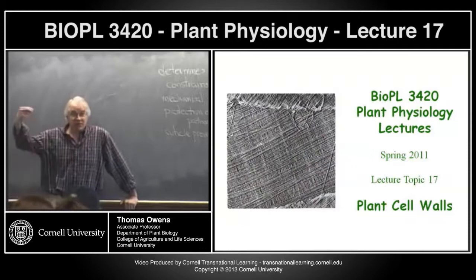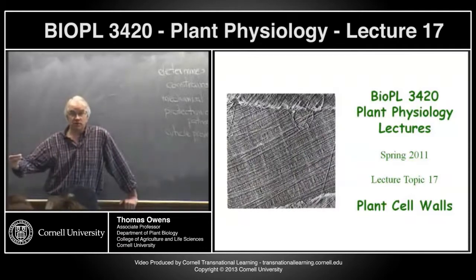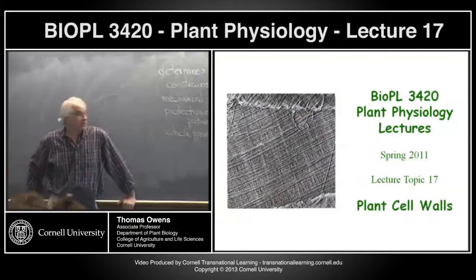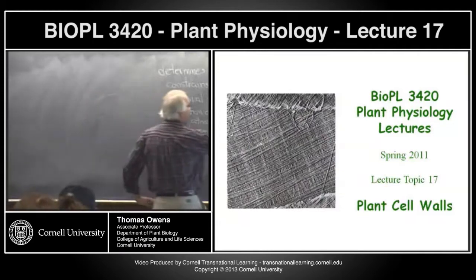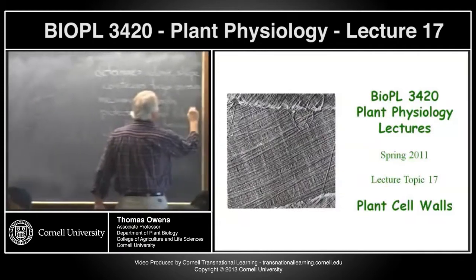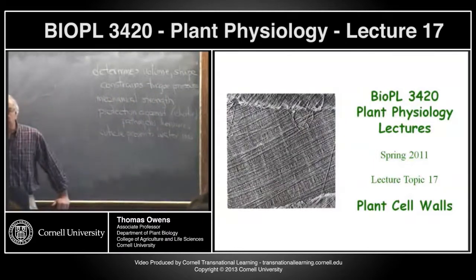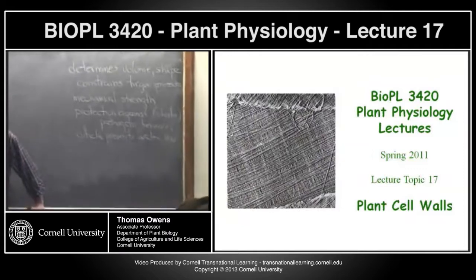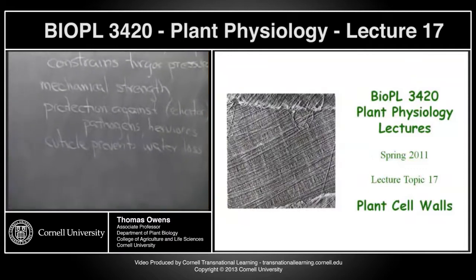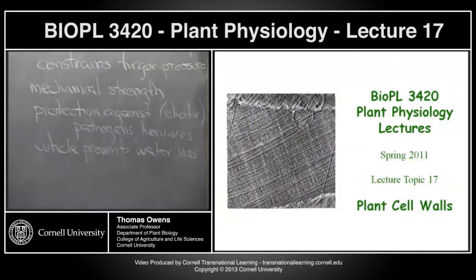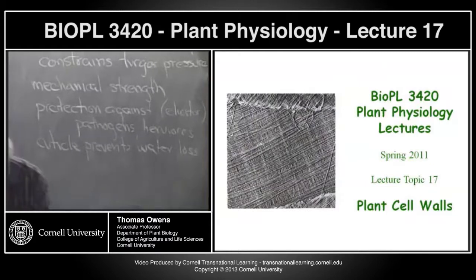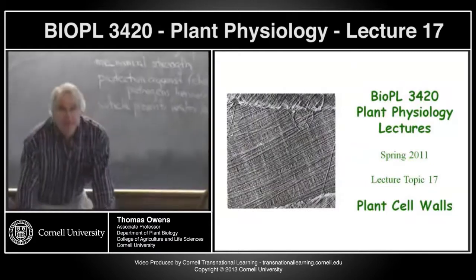And what do those degradation products do? Yeah, they're signals, they're elicitors, right? So we should also keep in mind this elicitor function, that breakdown of the plant cell wall by pathogens releases products that are signaling molecules that turn on defense pathways. What else?